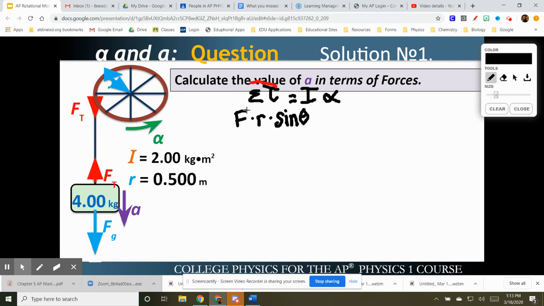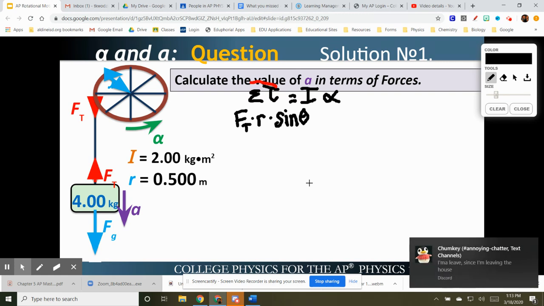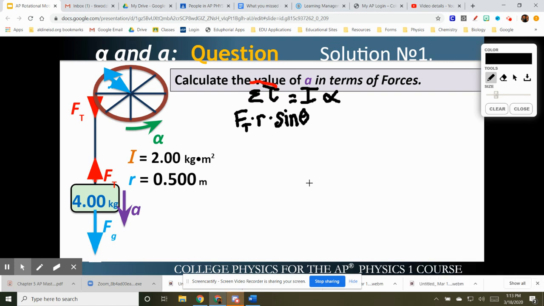So that's why we're going to put here not just force, but force of tension. Because I don't know if this is possible, but what if it's a force of friction that provides a torque? Then we could derive force of friction and make a bigger equation.